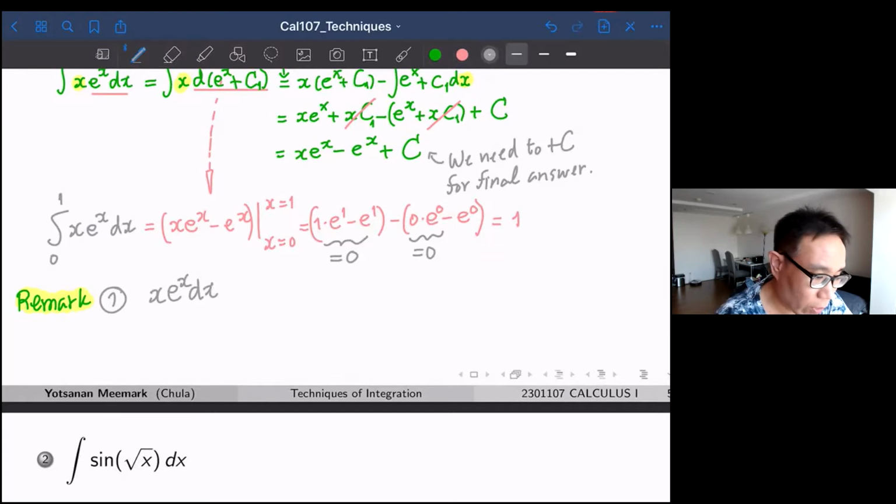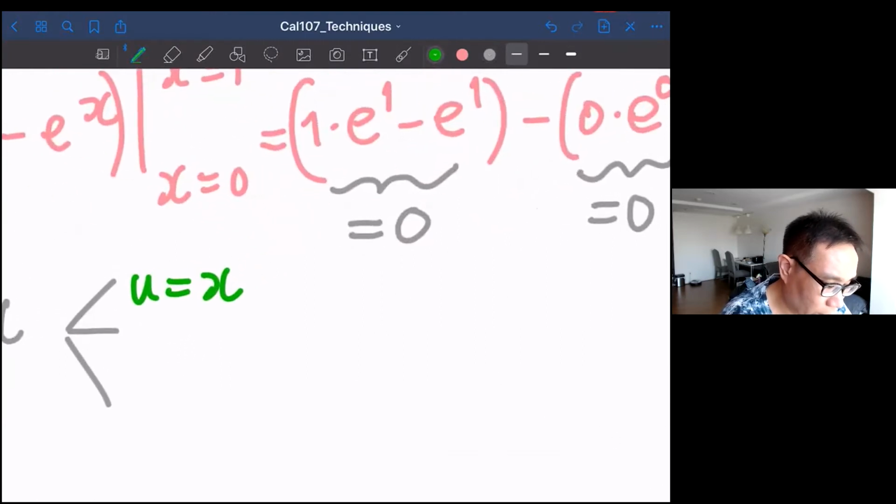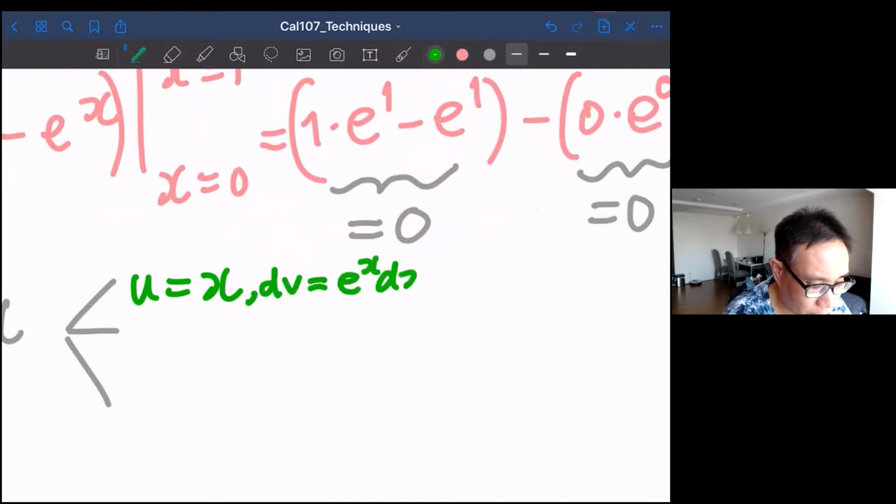You can let u be x and dv be e to the x dx. So u equals x, dv equals e to the x dx.